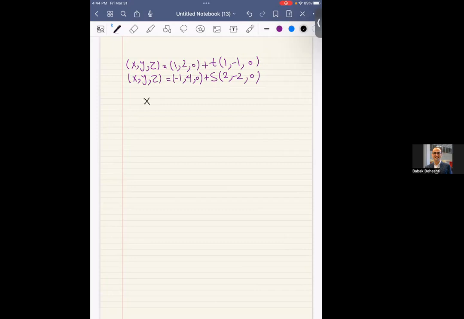In general, if you want to see whether two lines intersect or not, you write the XYZ equation of each of them.